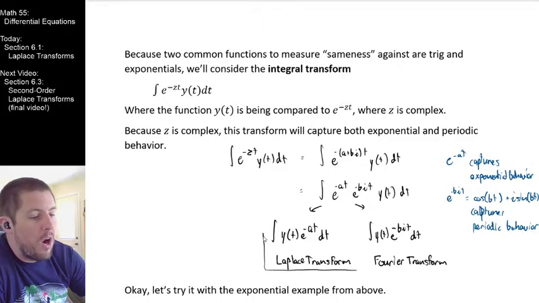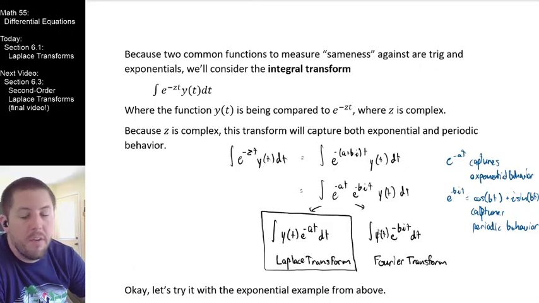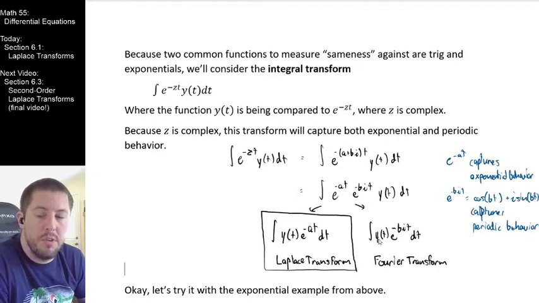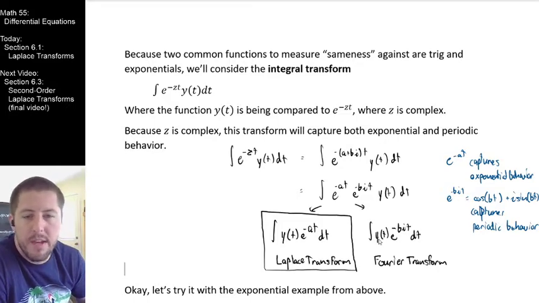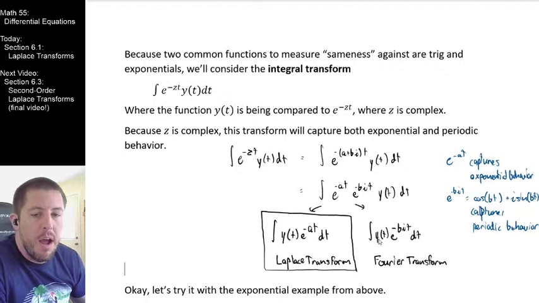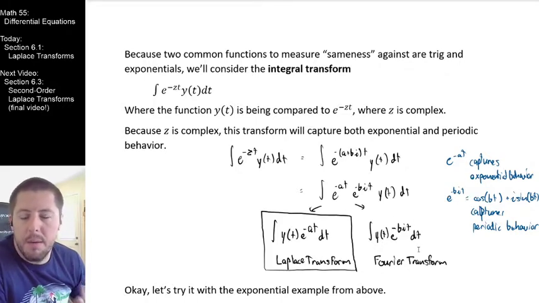Our thing of interest in this chapter is going to be the Laplace transform, but it is very closely related to the Fourier transform, which even though I'm assuming most of you don't know about academically, there are a million nice clickbaity videos on YouTube about awesome things that people do with Fourier transforms. Slightly more complicated, we're not going to cover them here, but very closely related, and they help us talk about rotations that describe certain shapes.